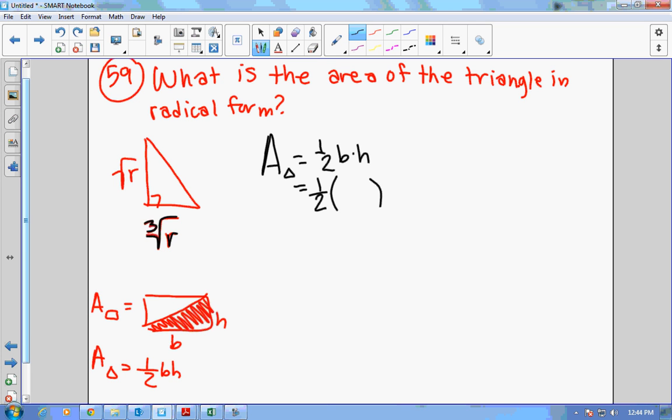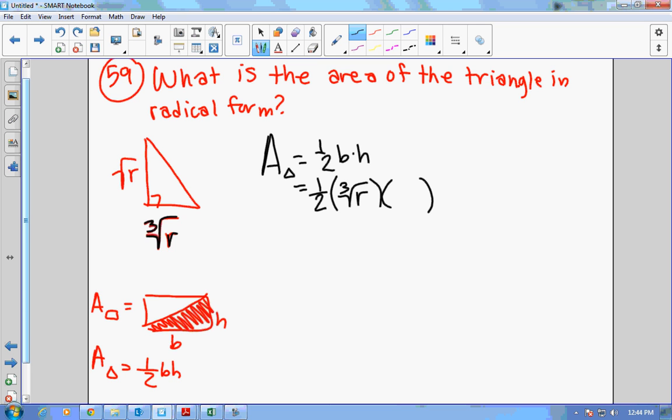Everyone say that phrase with me, please. Ready? Cubed root of r. Let's try this again. Cubed root of r. Who can tell me how to say this one? Square root of r. Okay, so our base is cubed root of r.